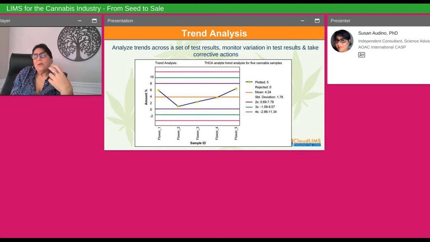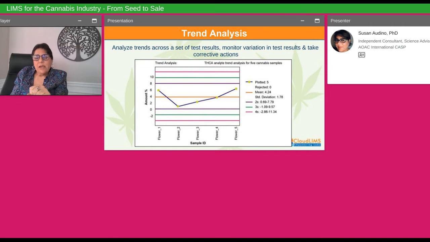So we can say, well, if we get data that's right around here on a line, then we're still going to pass the test result, but we want to look a little more closely at this. And if something is beyond that and is actually outside a specification zone, then we need to back up completely.